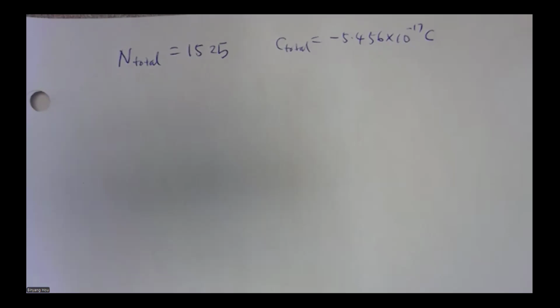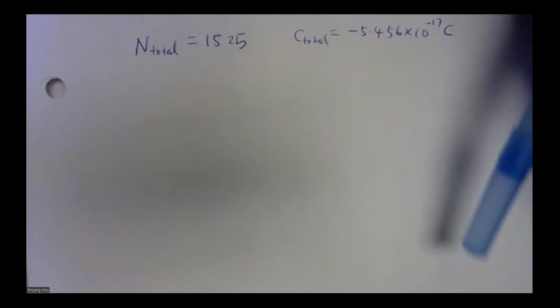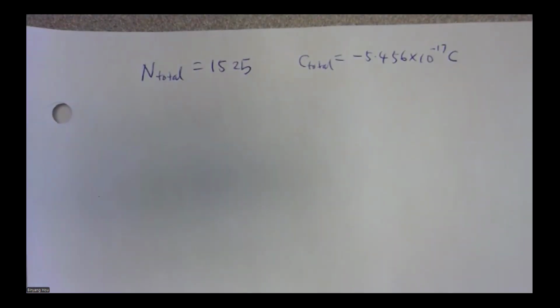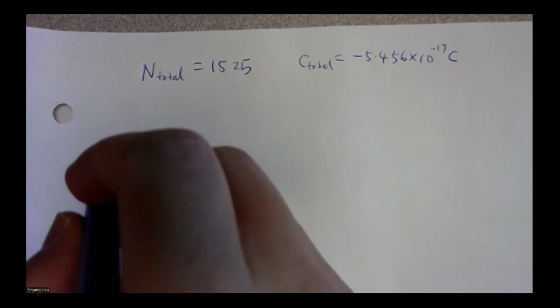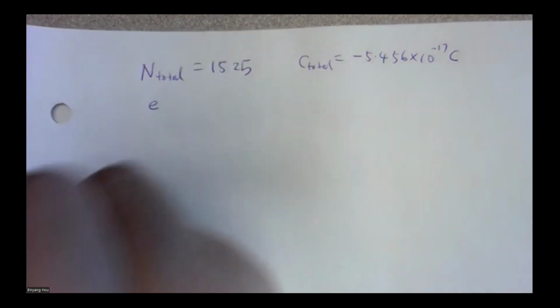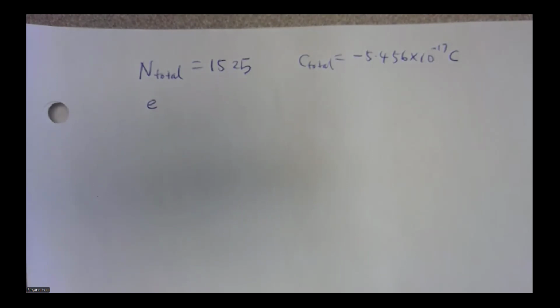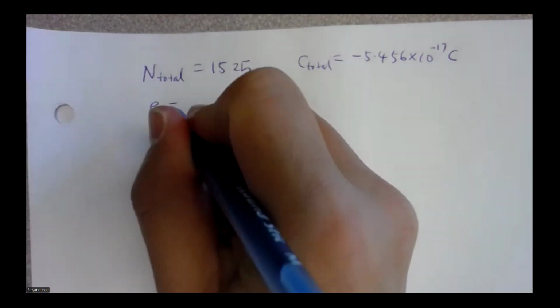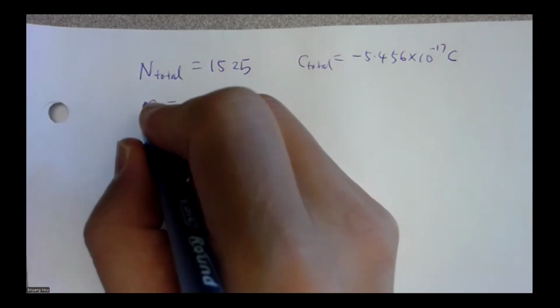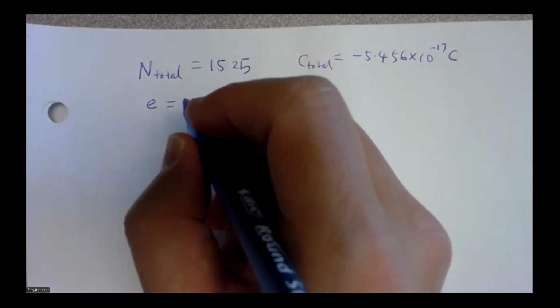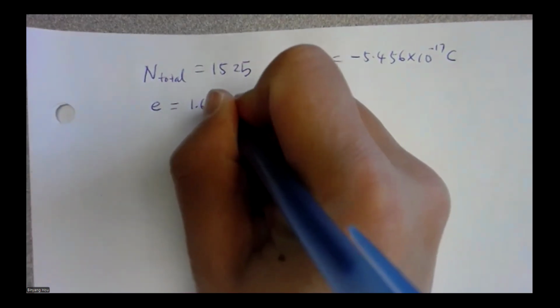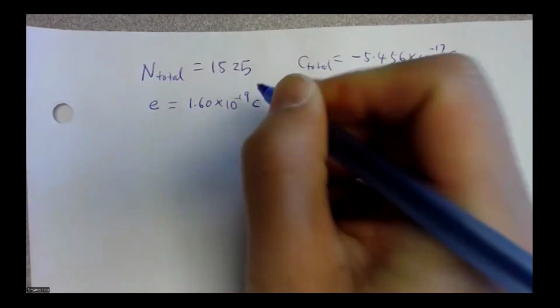And then some constant numbers. We have electrons and protons here. For the charge of a proton or electron, we'll just say e. Just keep in mind for electrons it's negative. This is 1.6 times 10 to the negative 19 coulombs.